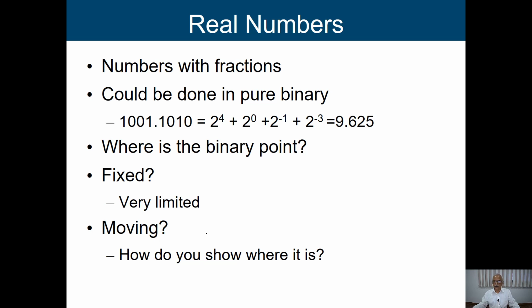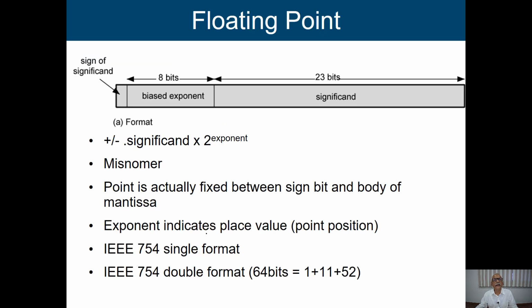Real numbers, I think already in number representation we have discussed that we can represent real numbers, and for that we have some format, and this format is basically known as your floating point format. And already we have seen in IEEE 754 format we have single format and double format.